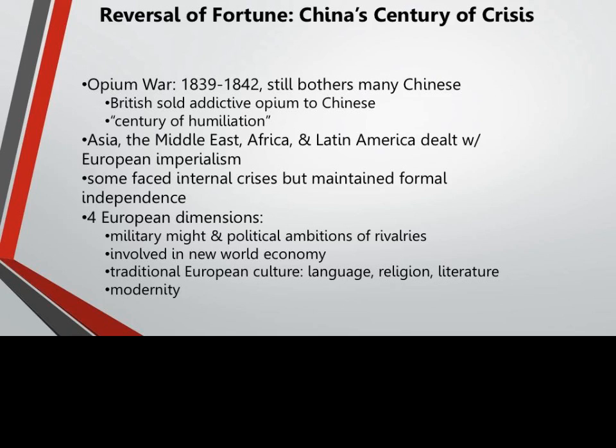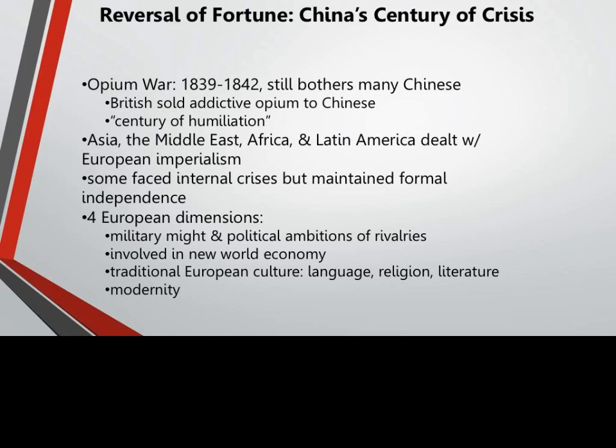And many Chinese still describe this as a century of humiliation. And most of the peoples of Asia, the Middle East, Africa, and even Latin America dealt with, in some way, an intrusion of European imperialism. So we'll focus on societies that faced internal crises while maintaining a formal independence.